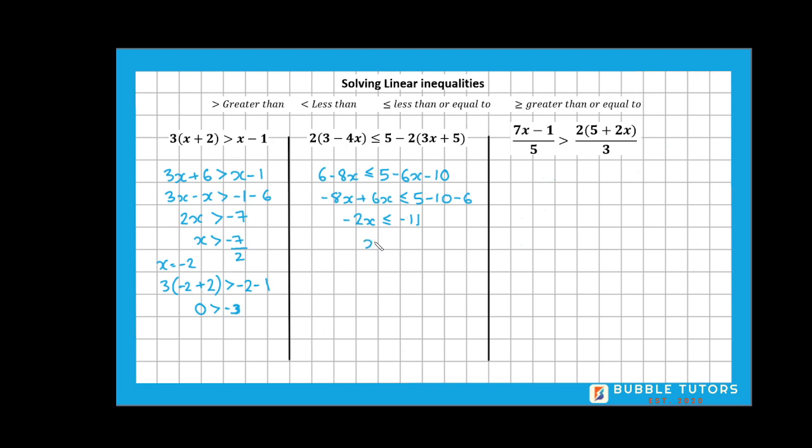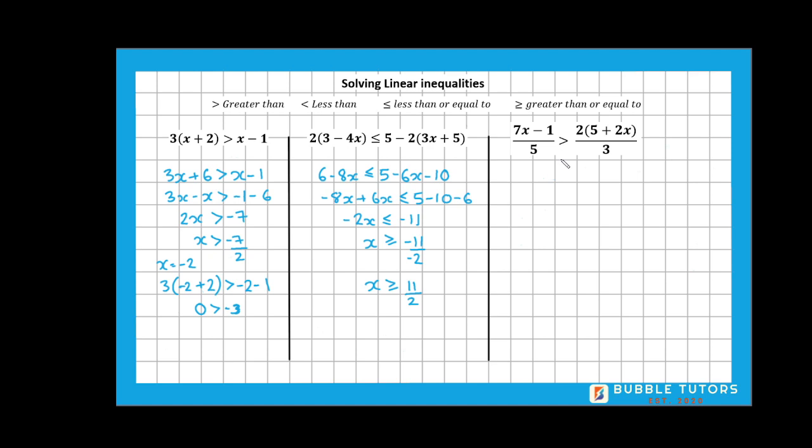So x becomes more than or equal to minus 11 over 2. And because it's a minus 11 divided by a minus 2, it becomes a plus. So we have x is more than or equal to 11 over 2, which is 5.5. So let's go on to our final problem.